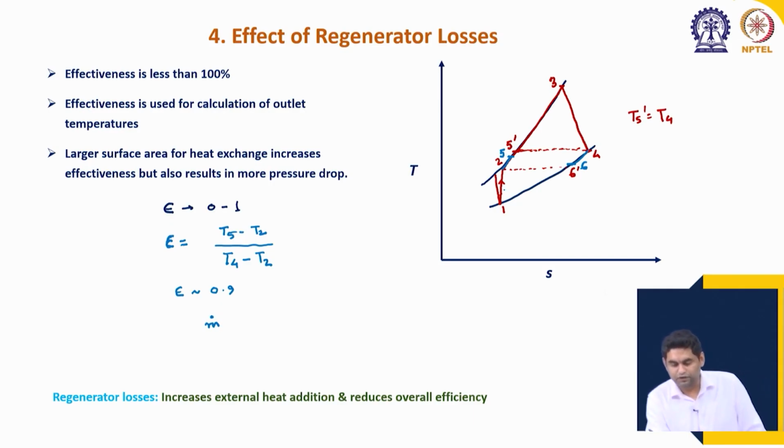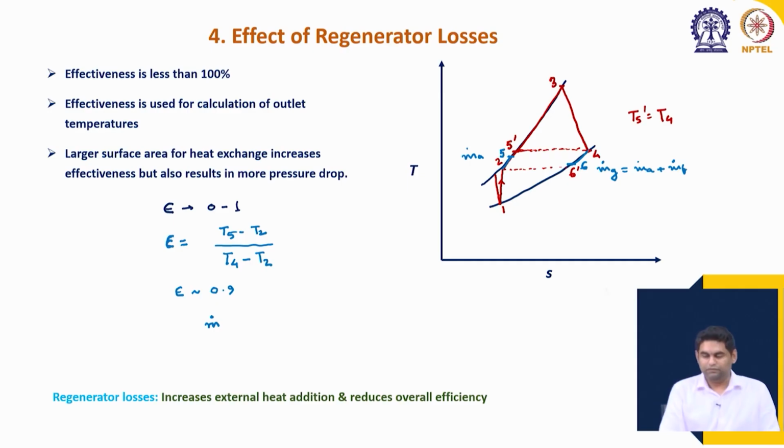because the mass flow rate at the air side is equal to the inlet mass flow rate m dot A, at the gas side the mass flow rate is higher, which can be called m dot G, which is equal to m dot A plus m dot F. So, the mass flow rate of fuel is also added in the combustion chamber.